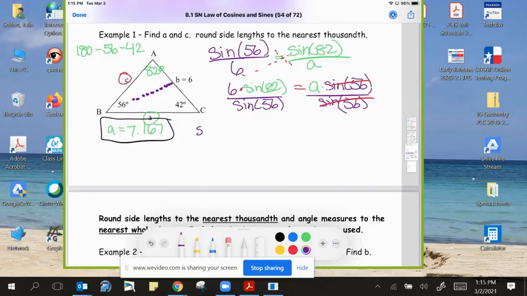So I would start again with sine 56 over 6, and this time that's equal to sine of C, 42, over little side C. I went back to the sine 56 and the 6 because those were given to me. Those are not rounded numbers, so since those are the ones given to me, those are the ones I'm going to use. Then again, cross multiply to solve.